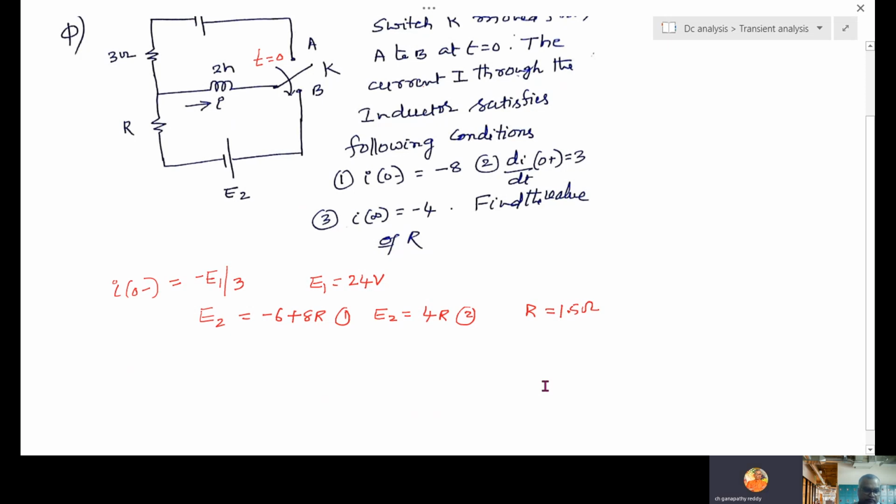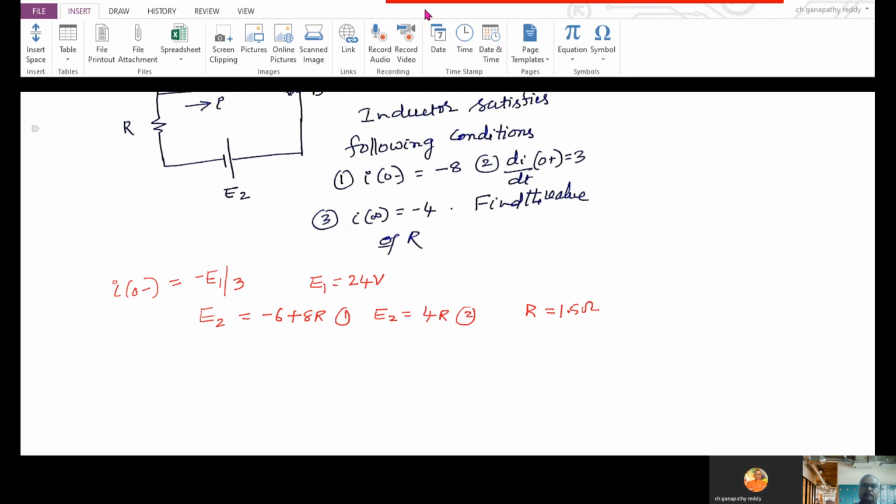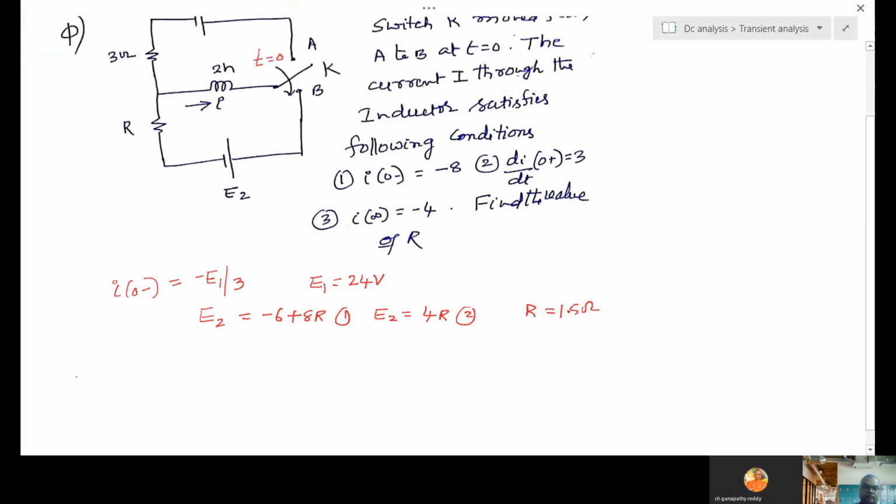As usual, the solution will be like this. Draw the equivalent circuit at t equal to 0 minus, which is connected to A, and the inductor is short.